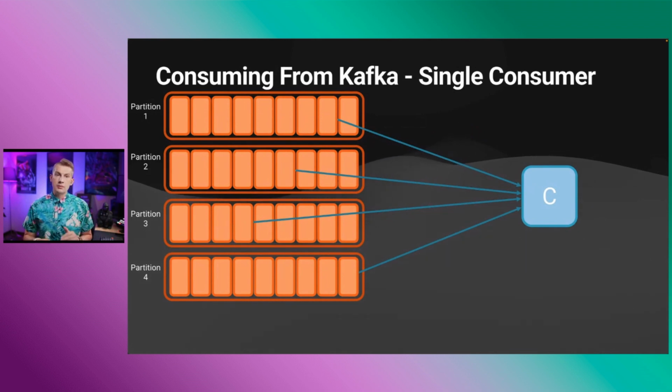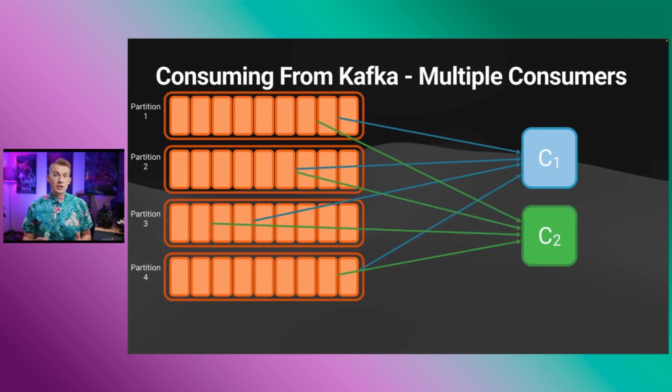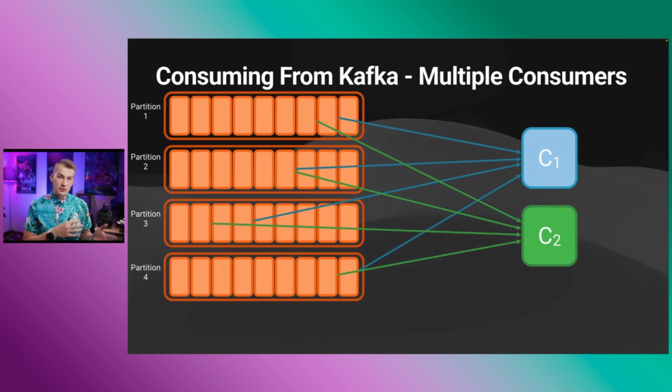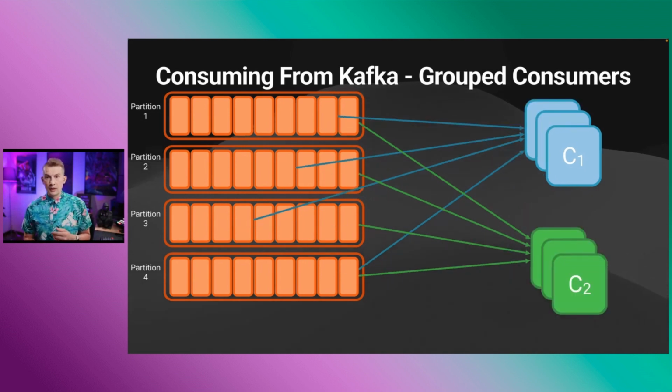One consumer can consume from all partitions, but if you want to scale reads, you can introduce different consumers. Consumers that are not in the same consumer group read this data from different places, the same way different people read the same book from different places using different bookmarks.